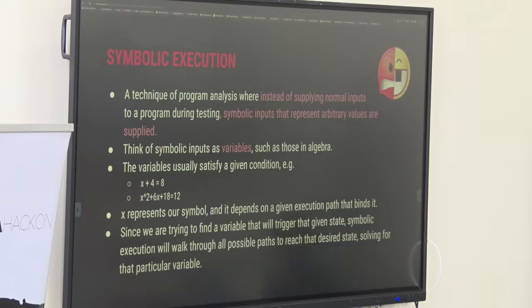So in symbolic execution, x is going to represent our symbol, and this particular symbol is bounded by what we call an execution path. It's like a road we follow that is going to take us to 8. We have x equal to some particular value, and this value is going to lead us to an output which is 8.